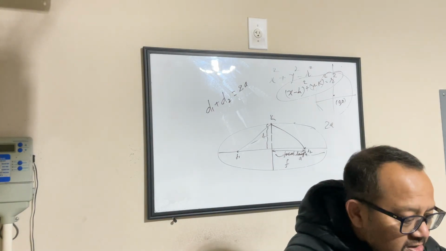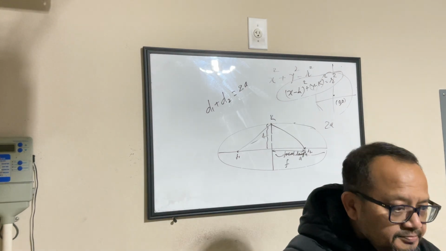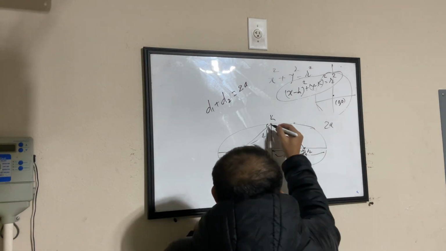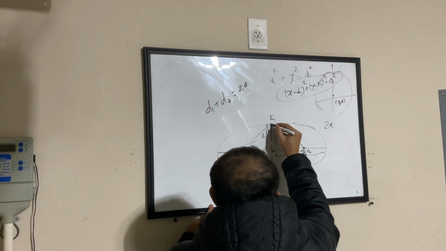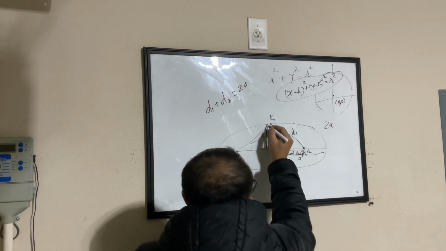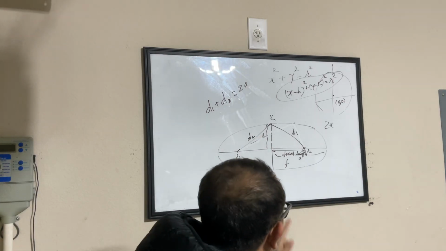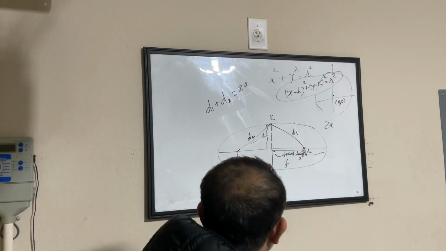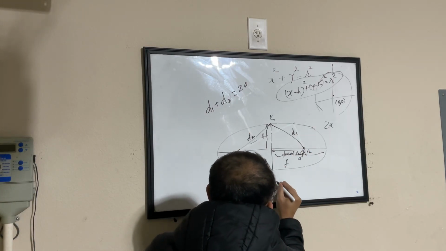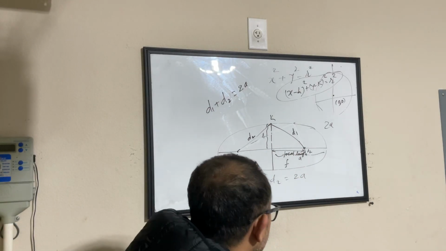What it means is, distance from here to here will also be the same. Let's say this is d1, and let's say this here to here is d2. But essentially what it means is, we know from the property of the foci that d1 plus d2 will be equal to 2 times a, which is my major radius.